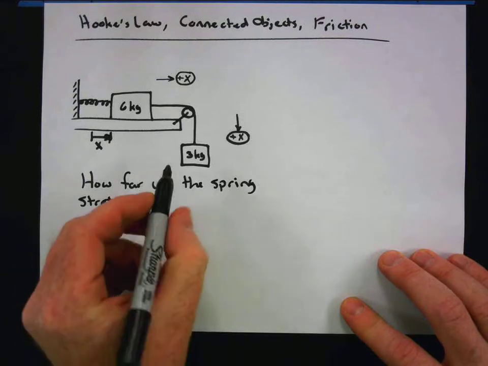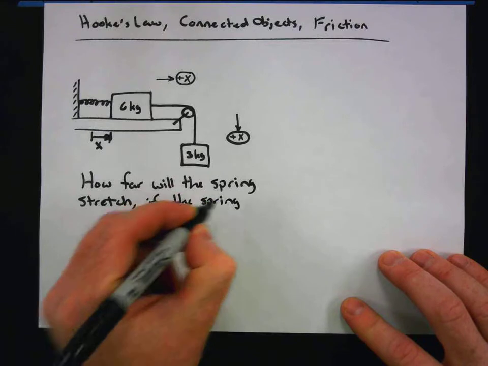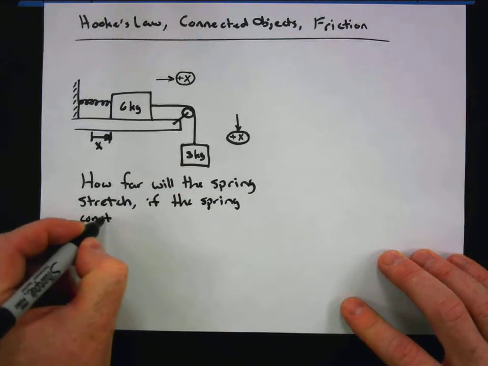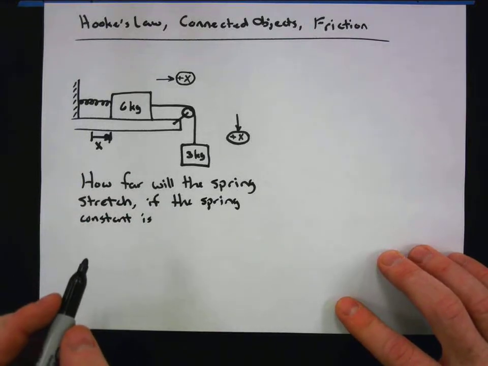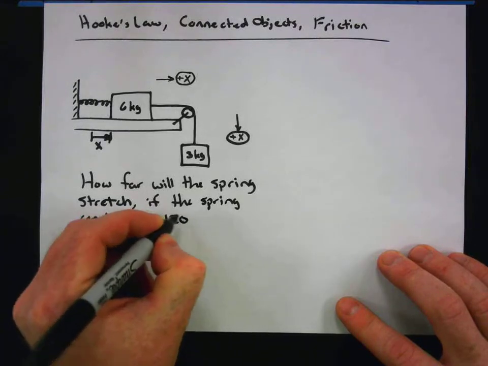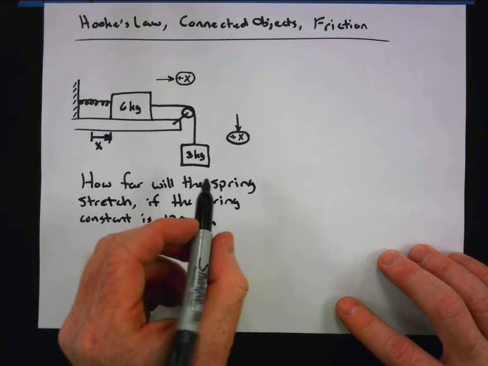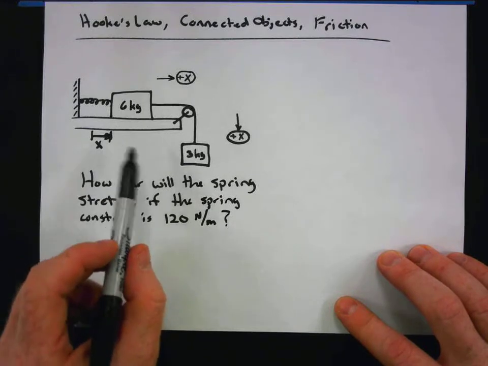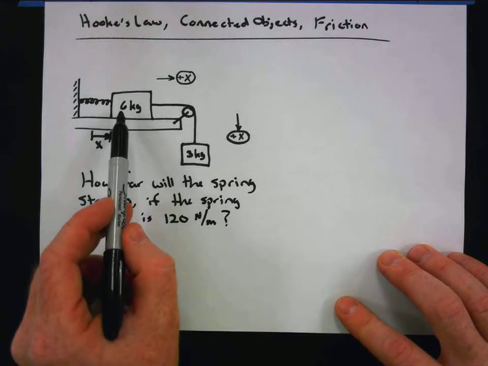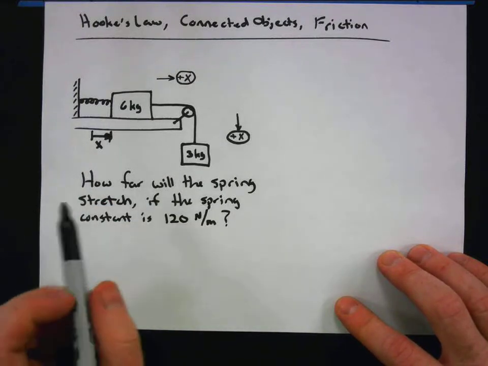If the spring constant is 120 newtons per meter, and at that stretch, the system is once again in equilibrium. This block has shifted to the right a little bit, this block has shifted down a little bit, and we have a new equilibrium position.